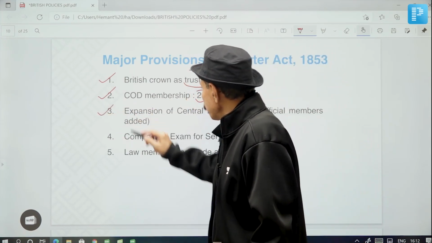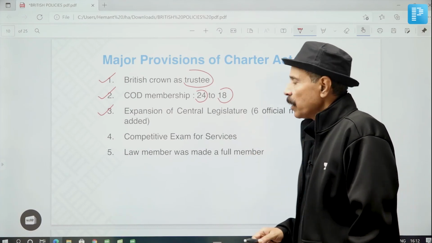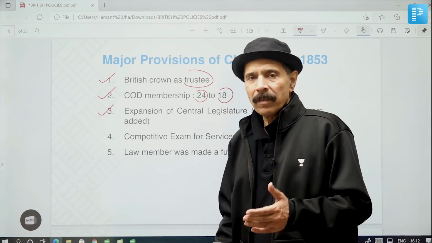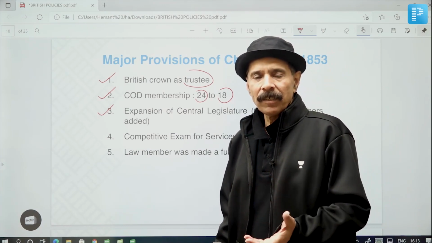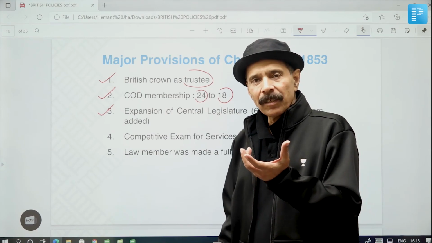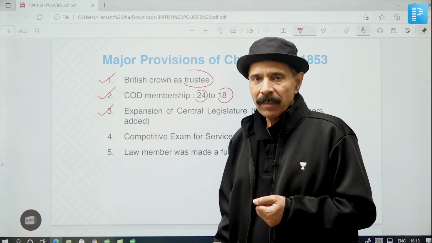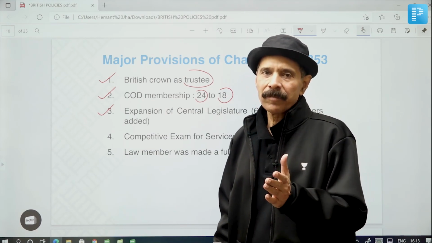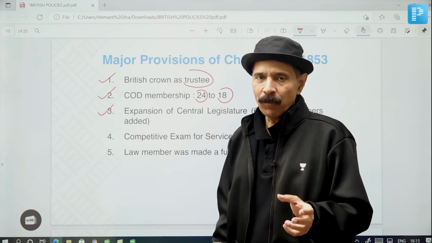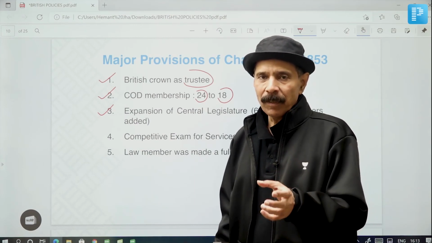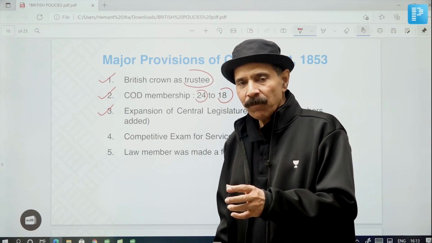Third, expansion of the central legislature. The central legislature was created by the Charter Act of 1833, but this central legislature was the Council of the Governor General of India that functioned in two different ways: a separate meeting for executive affairs and a separate meeting for legislative affairs.